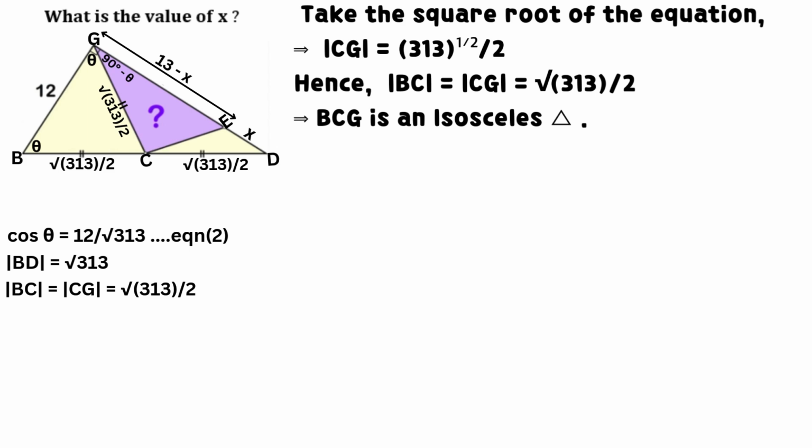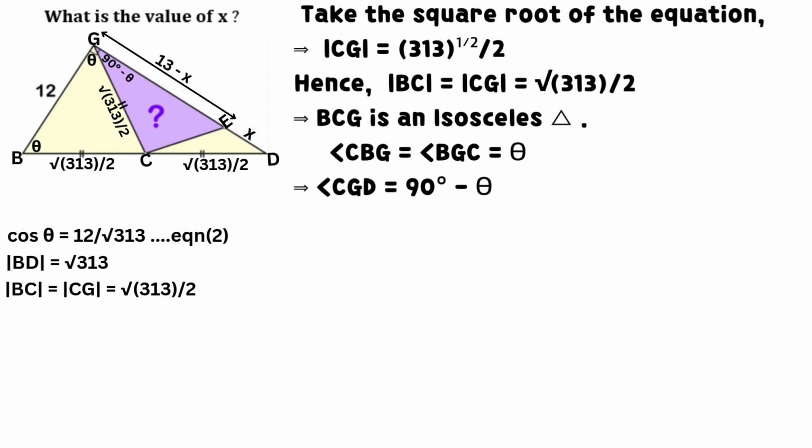Hence, line BC equals line CG, which equals half the square root of 313. It signifies that BCG is an isosceles triangle. Angle CBG equals angle BGC, which equals θ.